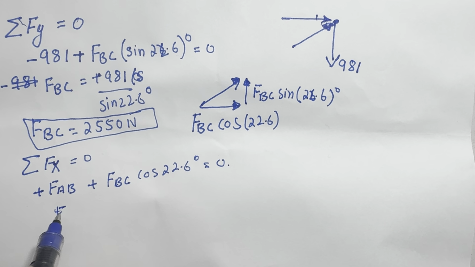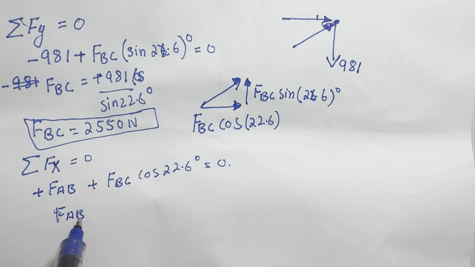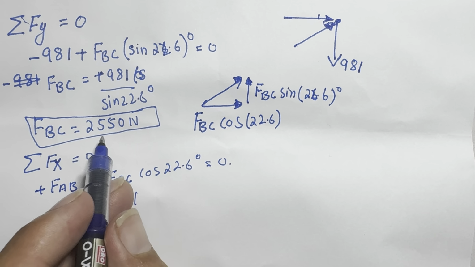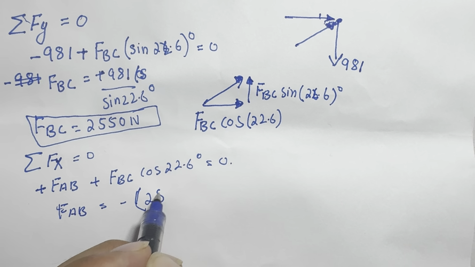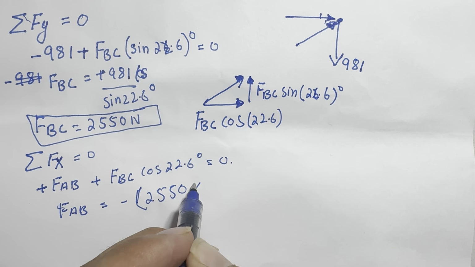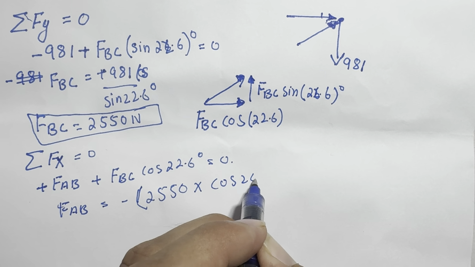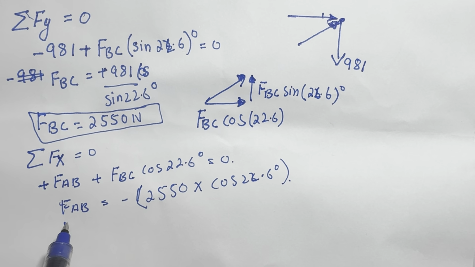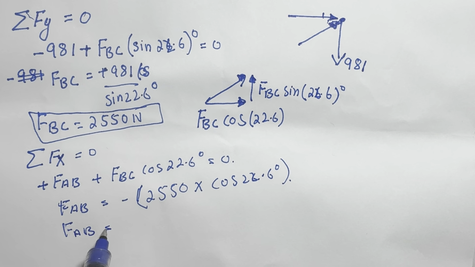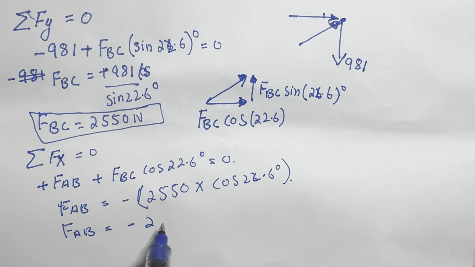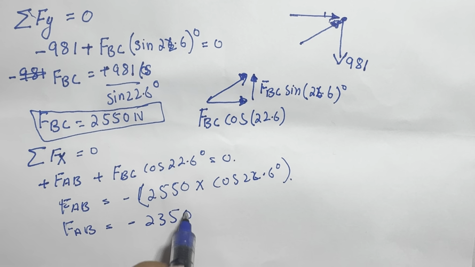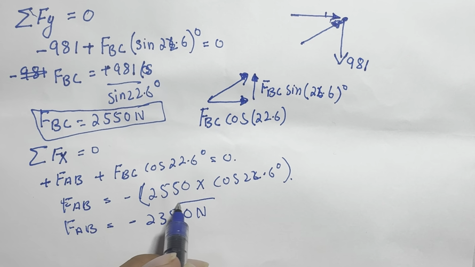So FAB will become equal to negative FBC, which is 2550 Newton, multiplied by cos 22.6 degree. If you calculate it, FAB equals negative 2350 Newton.